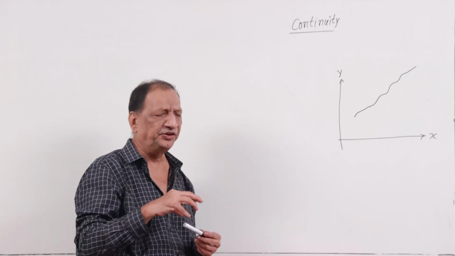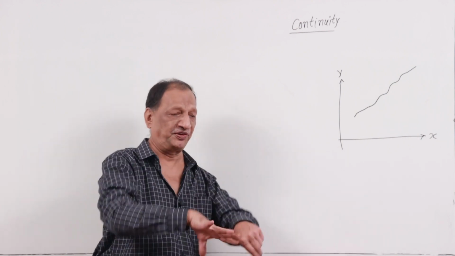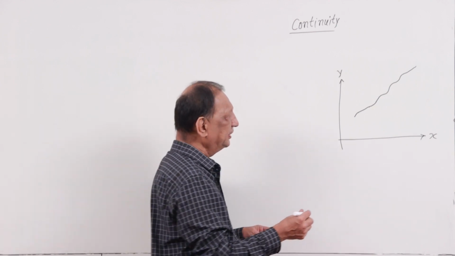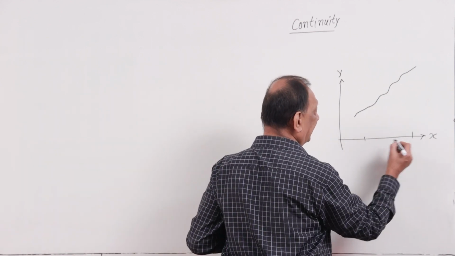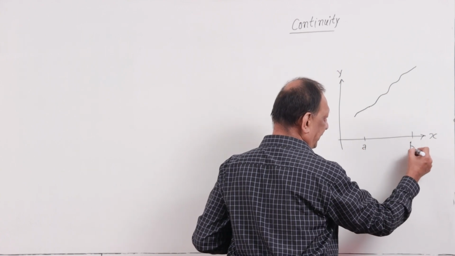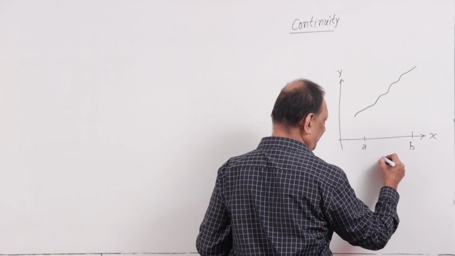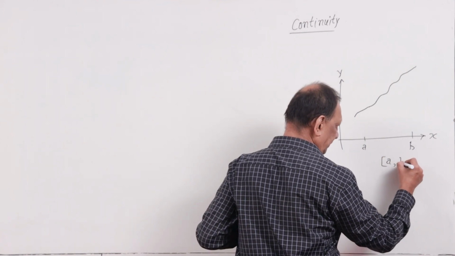First, we define continuity of a function at a point. And then we will define continuity of a function in an interval. For example, you take AB as an interval, which can be closed or open as the case may be.